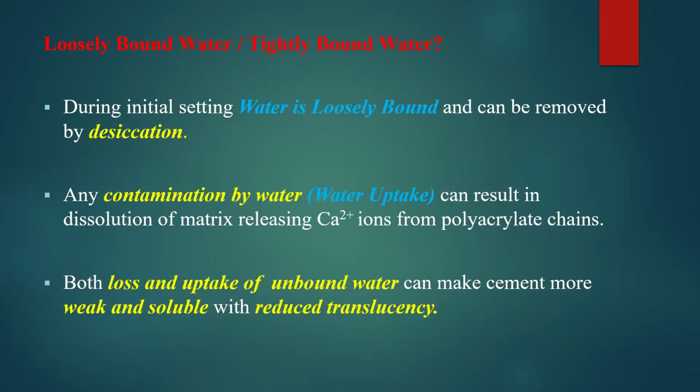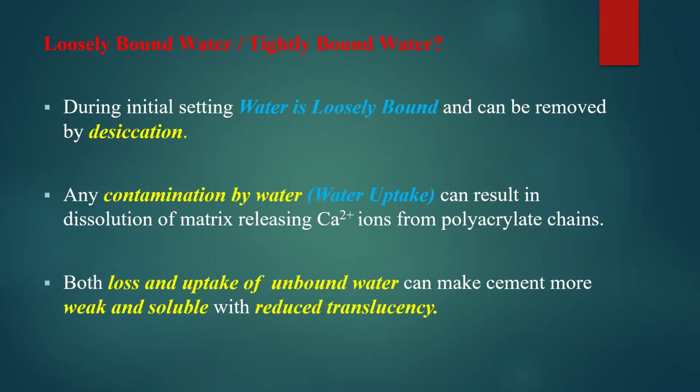At this juncture, let's learn about what is loosely bound water and tightly bound water. During the initial setting, water is just loosely bound to the whole structure and can be easily removed by desiccation. So if water is easily removed by drying during the initial setting process, then water acts as a reaction medium. And if this loosely bound water is completely removed, then the further setting reaction will not take place.